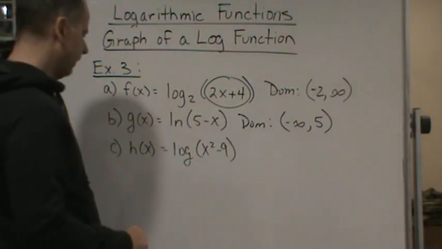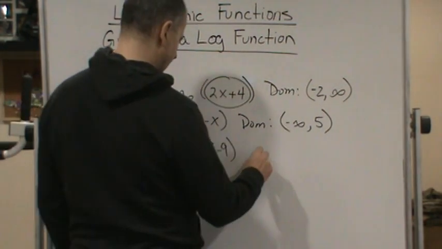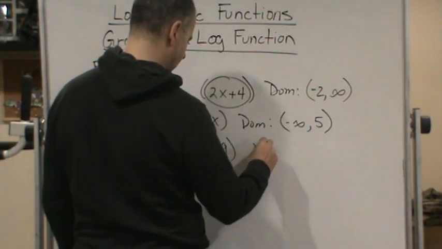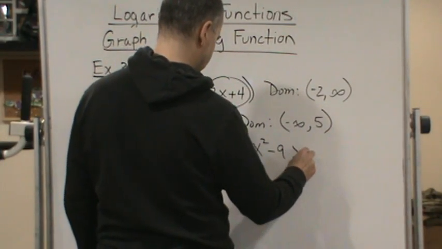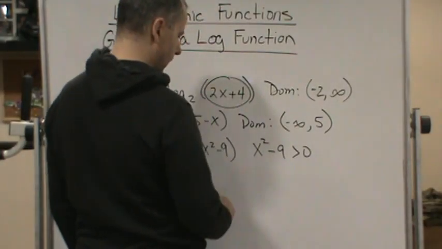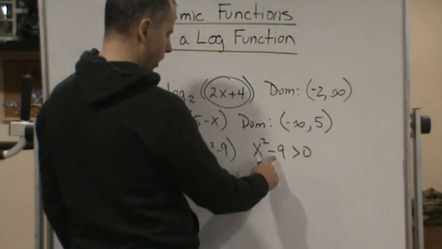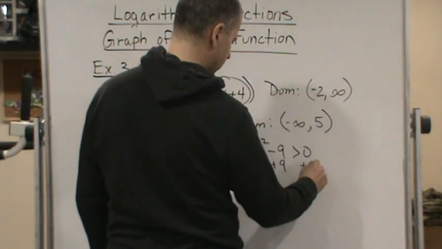All right, finally, let's look at this one. So again, I want to find all values where x squared minus 9 is greater than 0. So I'm going to add 9 to both sides.